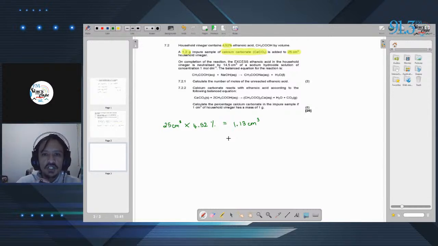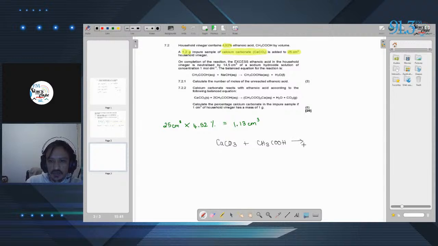On completion of the reaction, the excess ethanoic acid in the household vinegar is neutralized by 14.5 centimeters cubed of sodium hydroxide. Okay, so what we do know is that we have two reactions, right? We have one reaction where calcium carbonate is reacting with the vinegar.